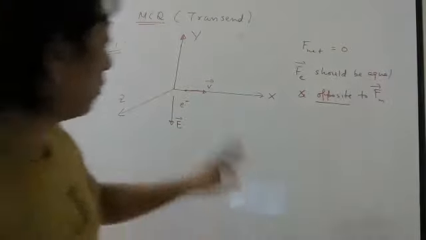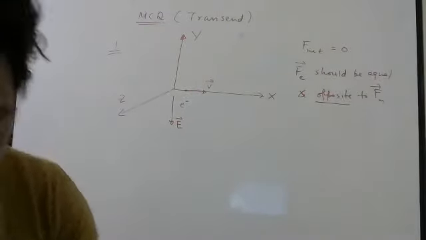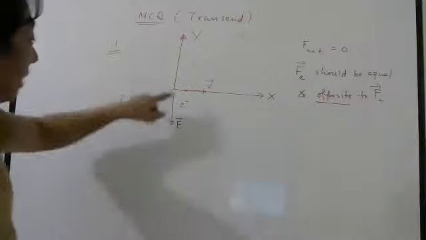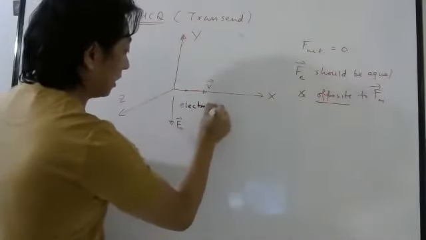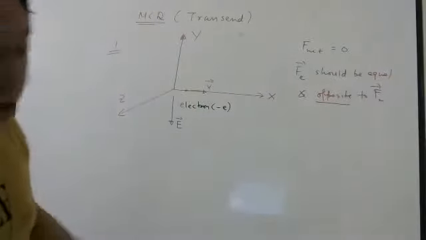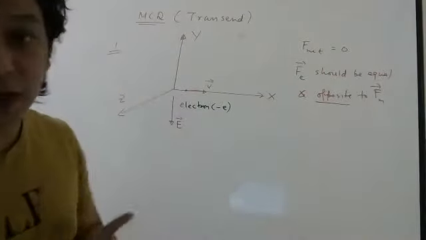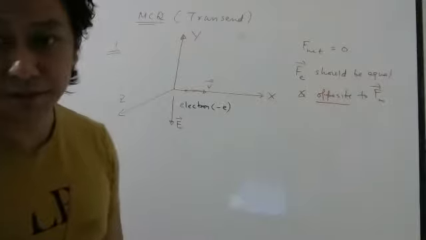Okay, so first find where will be the electrostatic force. This is a negative charge. It is an electron. Electron has negative charge. Okay, so can you tell me first the direction of the electrostatic force?